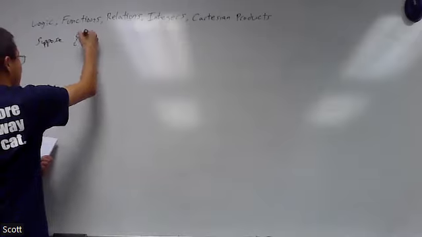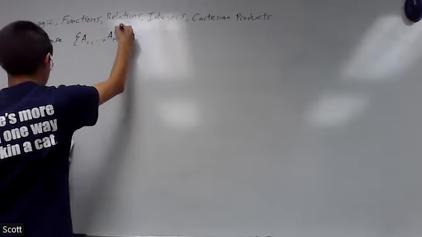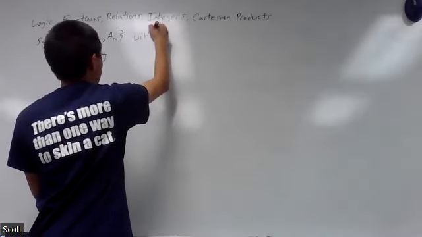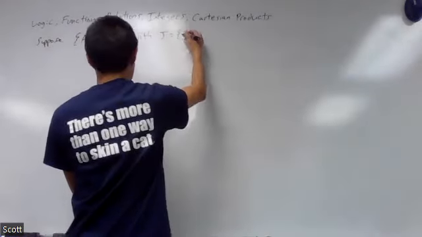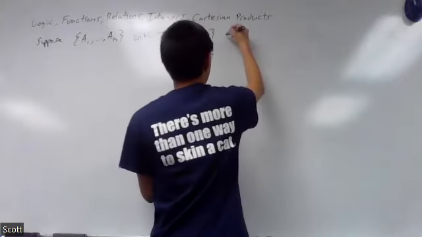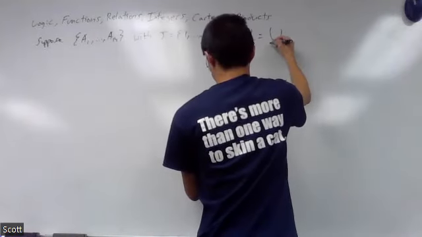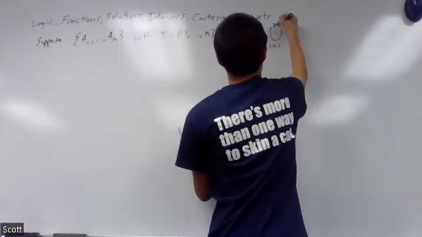Suppose we have a collection of sets A1 to AM, and J being an indexed set, so it's going to contain the integers 1 to M. And then we're going to take the union all the way up through.